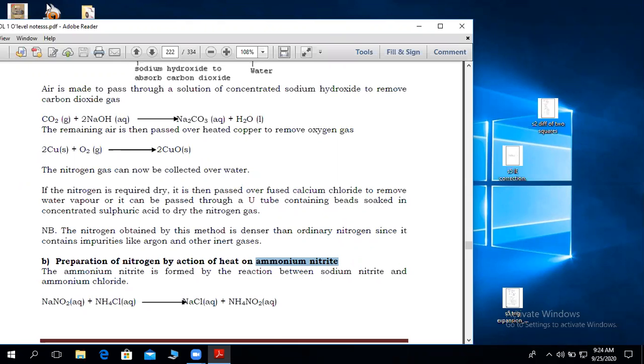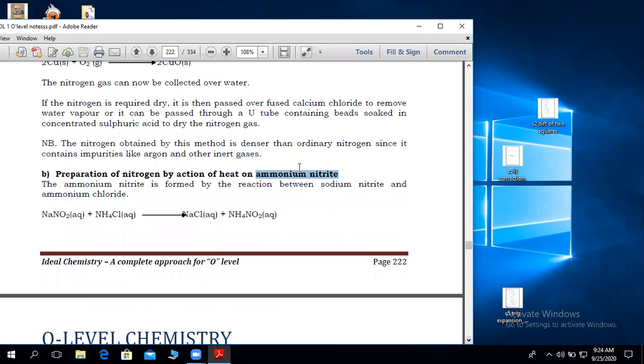But ammonium nitrate is not readily available, so it is always first prepared by reacting sodium nitrate and ammonium chloride.